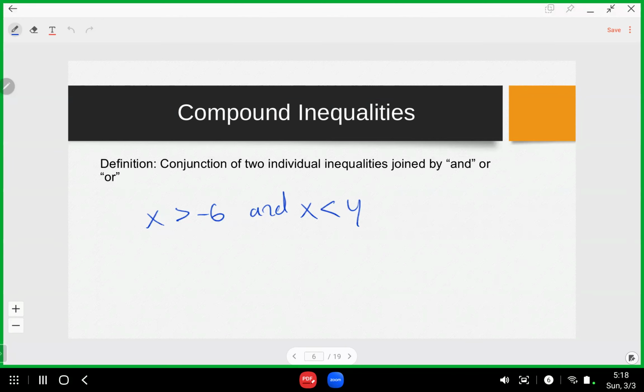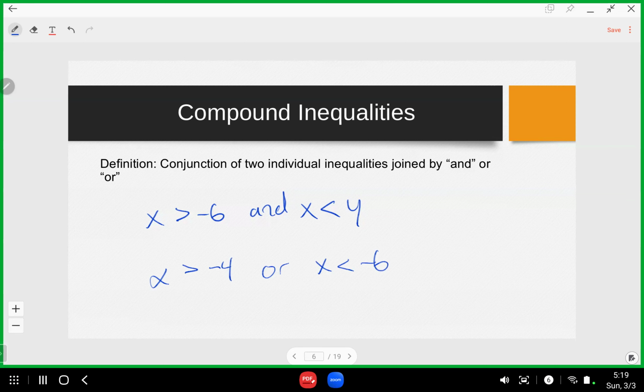Let's see here. We can also have or, right? You see, x is greater than -4, or x is less than -6. Okay, see how they can't coexist, right?